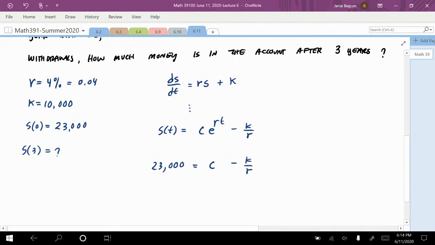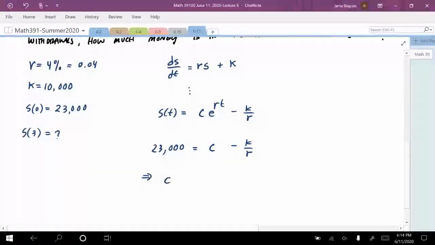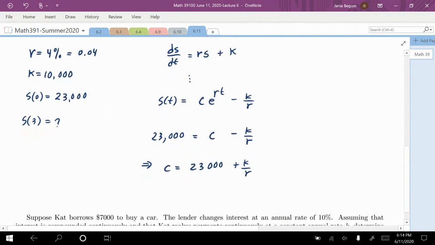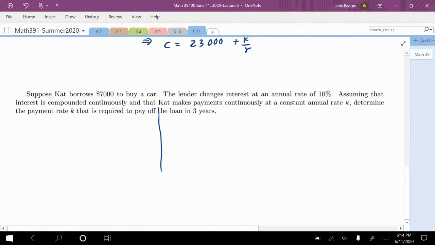If you want, at this stage, you can start plugging in k and r, but I'm just going to go ahead and derive the final formula and then plug everything in. So what is C? We know C is going to be 23,000 plus k over r. That's what we're going to substitute into S of t. So I have to move this question further down.